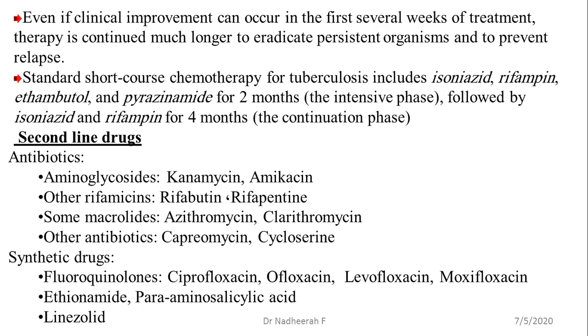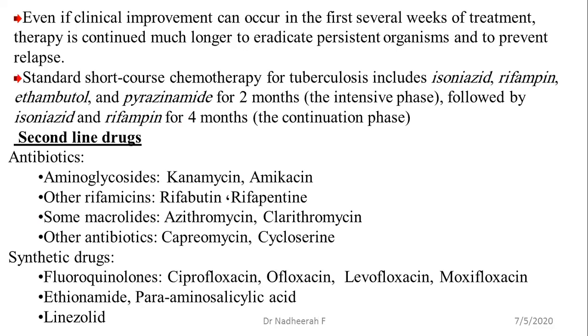Standard short course chemotherapy for tuberculosis includes isoniazid, rifampicin, ethambutol, and pyrazinamide for 2 months, followed by isoniazid and rifampicin for 4 months, the continuation phase.